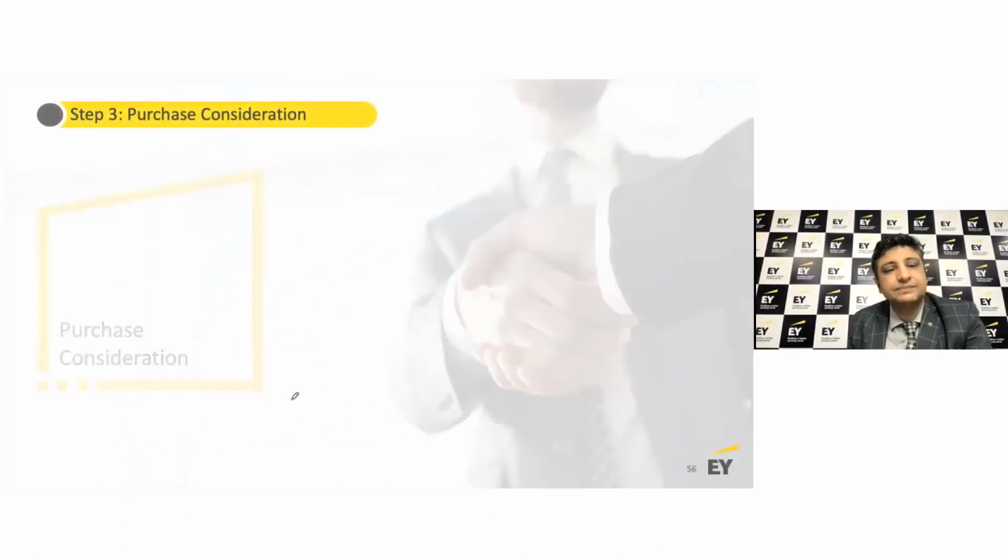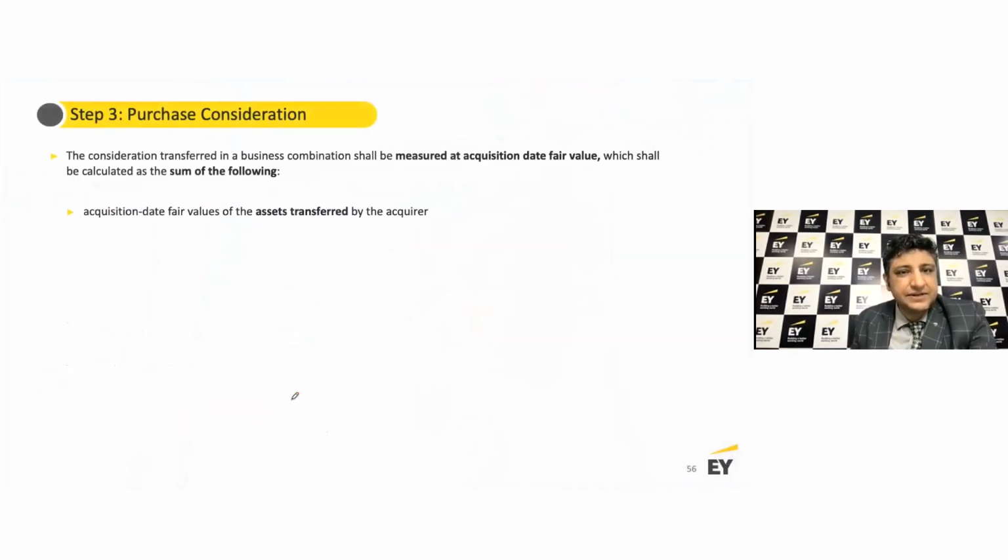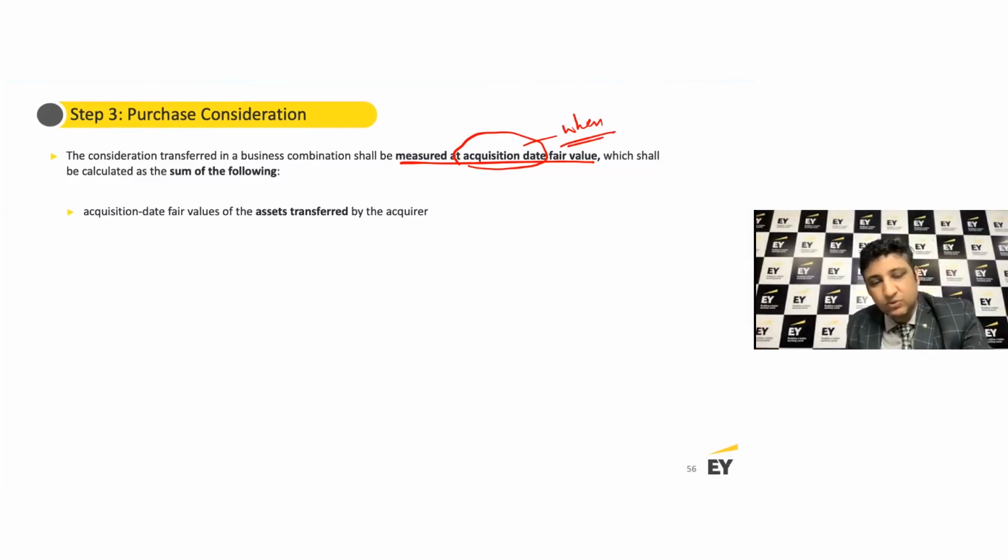All right. A purchase consideration is simply the amount which is paid, and it is measured at the fair value on the date of acquisition, right? That's the reason why, importantly, we wanted to know, when did you acquire the business? We need to calculate the fair value of the purchase consideration on that particular date of acquisition.